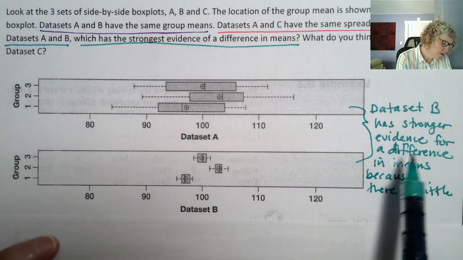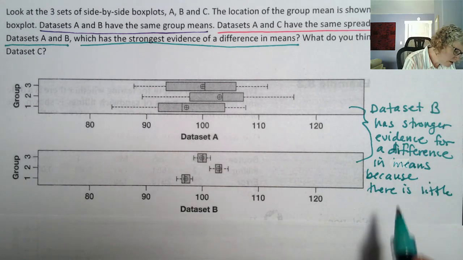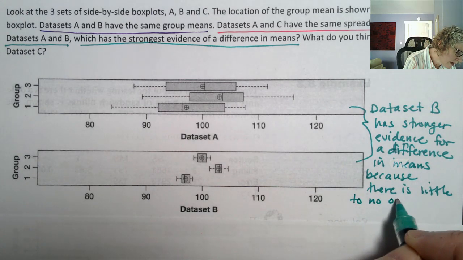Dataset B has stronger evidence for a difference in means because there is little to no overlap.